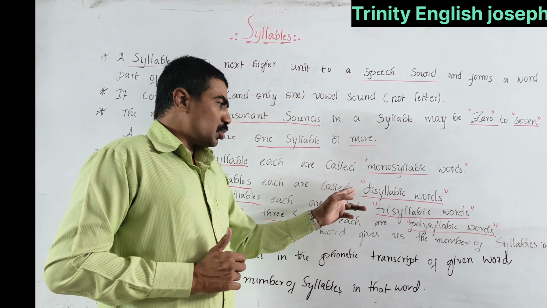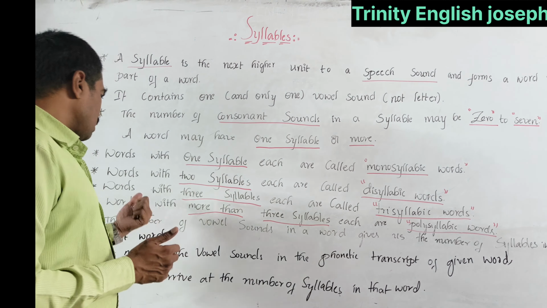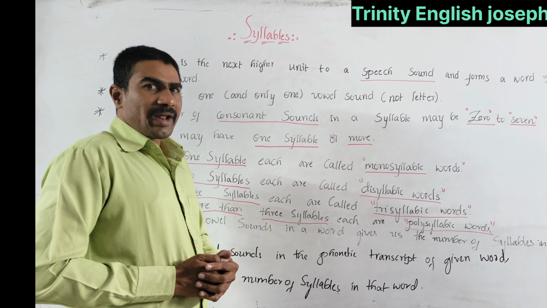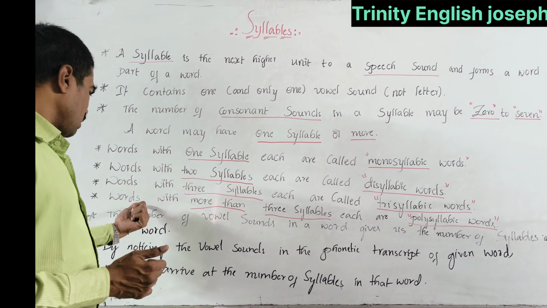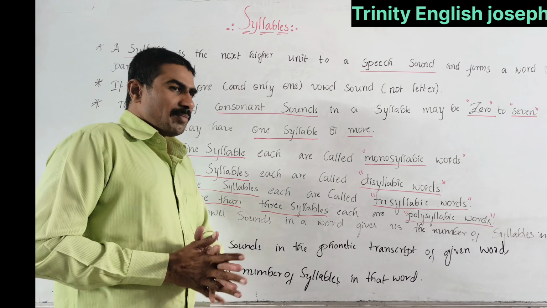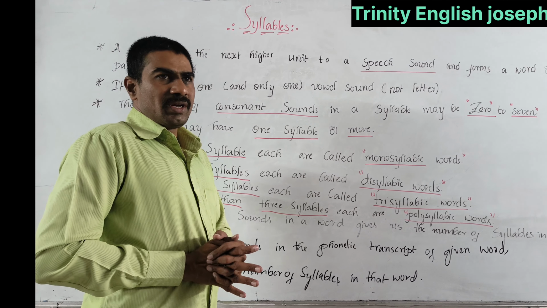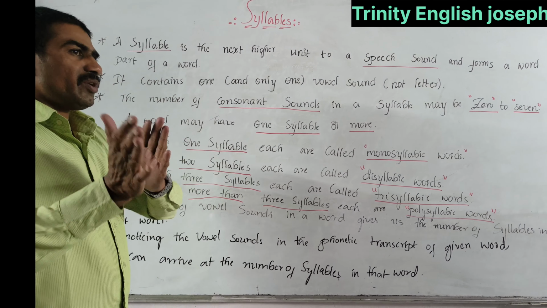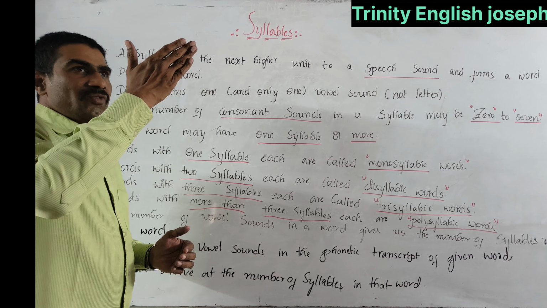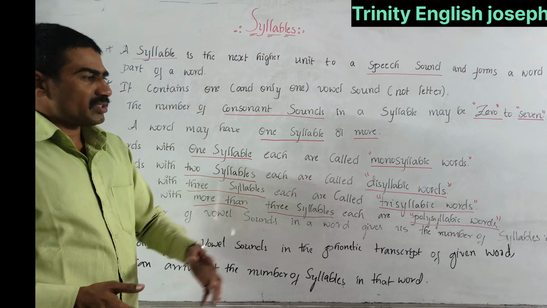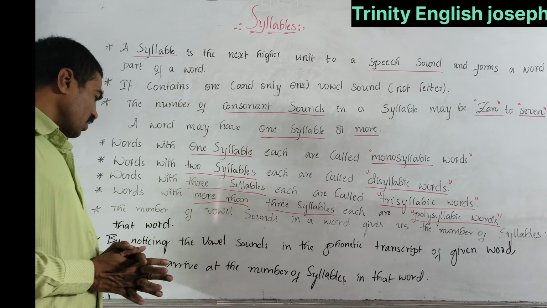Di means two, so syllabic means syllables, right? Words with three syllables each are called trisyllabic words, and words with more than three syllables each are called polysyllabic words. Whatever you have beyond three, that may be 4, 5, 6, whatever the number of syllables, they are simply called polysyllabic words.